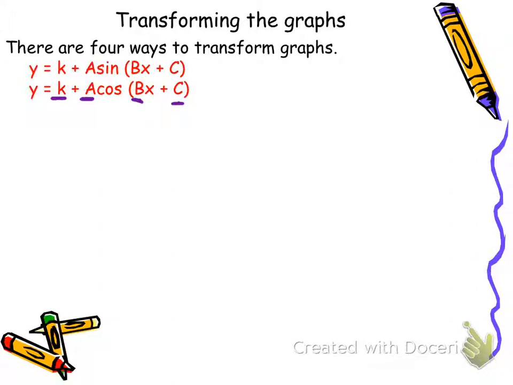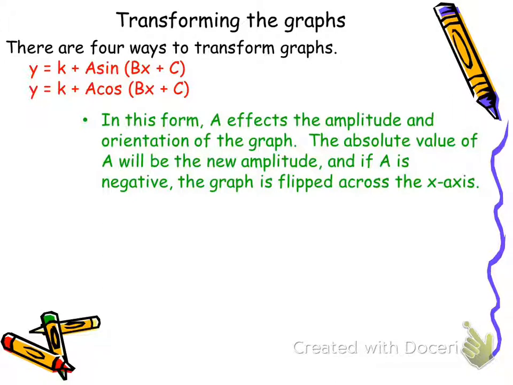And these next 4 bullet points you're going to need to memorize. Okay? So put a star here. By Tuesday, you need to know these things. The A value affects the amplitude and orientation of the graph. The absolute value of A will be the new amplitude. If A is negative, the graph is flipped across the x-axis.